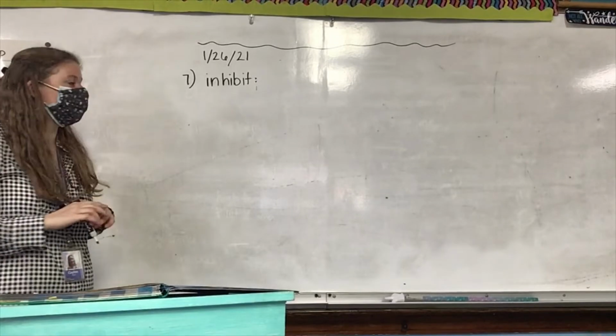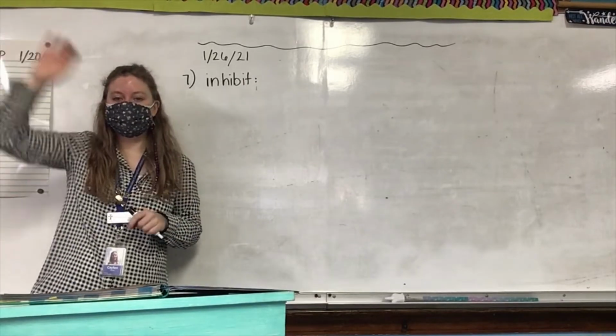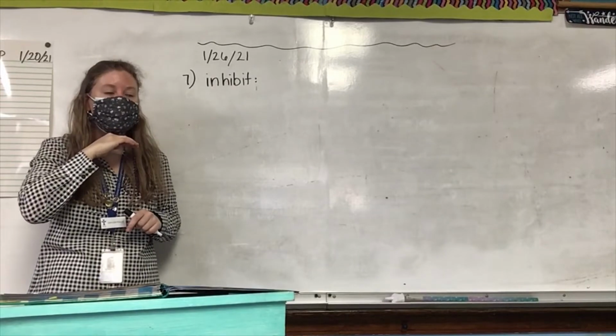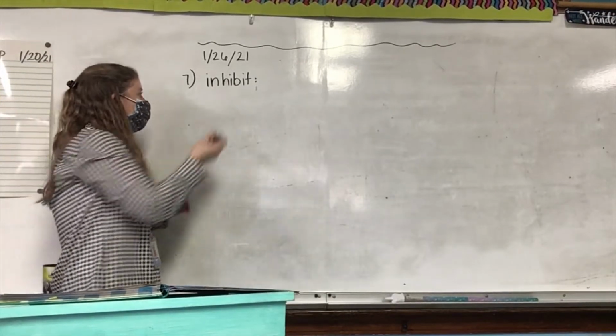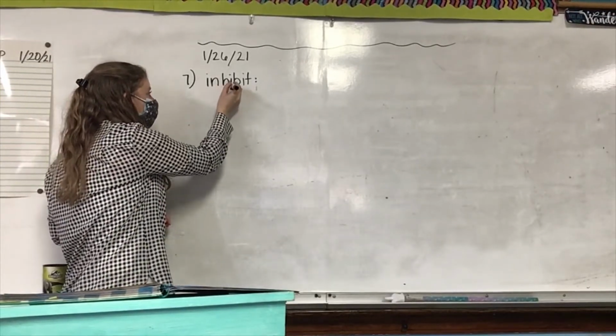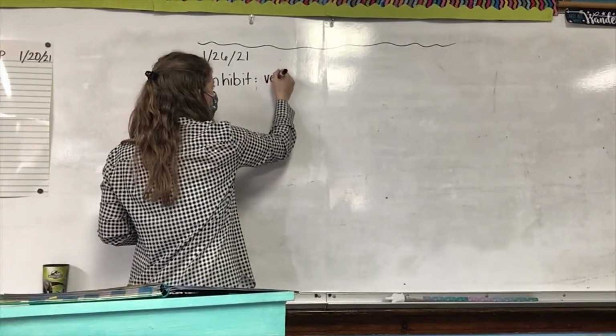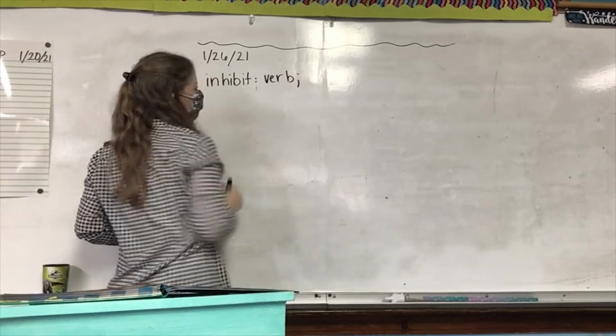How many syllables are there in inhibit? Ethan? 3. Inhibit. I-N-H-I-B-I-T. Inhibit is a verb.